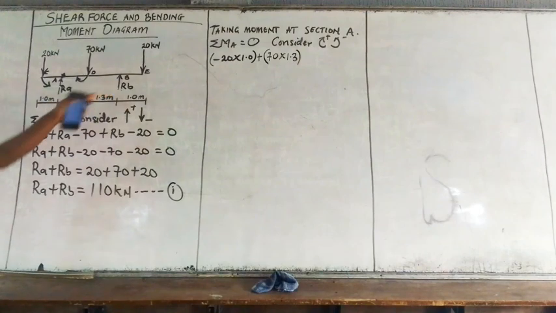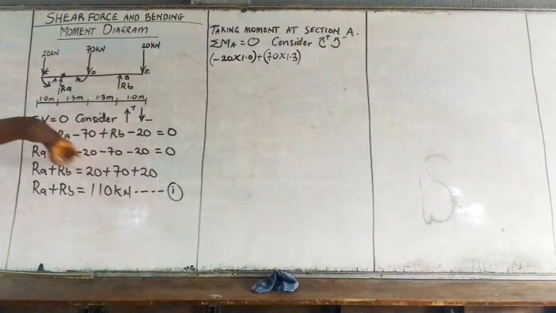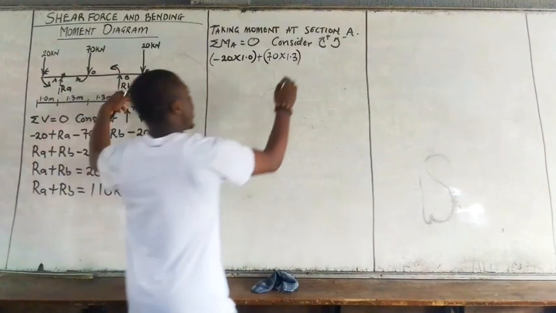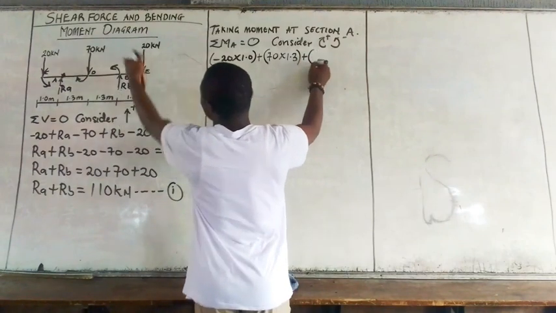Let's do section B. At section B, listen. Will section B go this way or this way? It will move in this manner, because it's the fastest way for it to move. Hence, I have plus and clockwise, right?